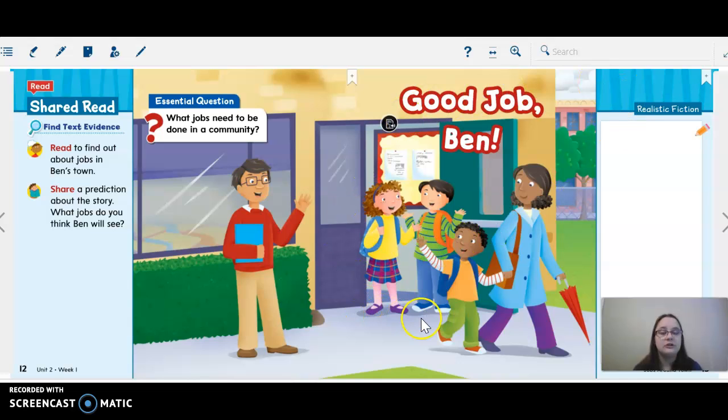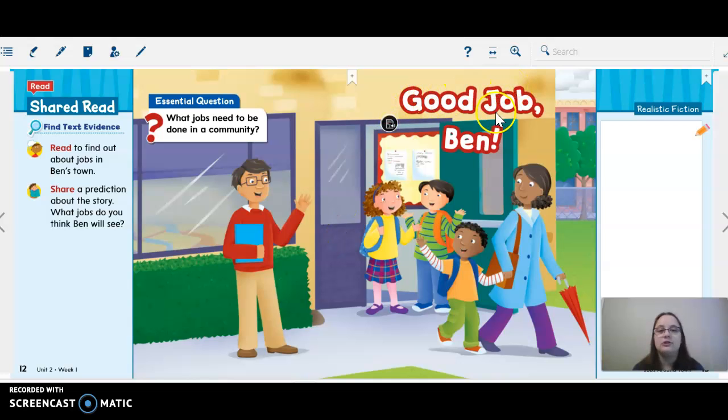So you're going to use this picture and you're going to use your prior knowledge. So that's what you already know to make a prediction. And then you're going to confirm that prediction. And we'll talk about that a little bit more in a little bit. So let's get started with our story.